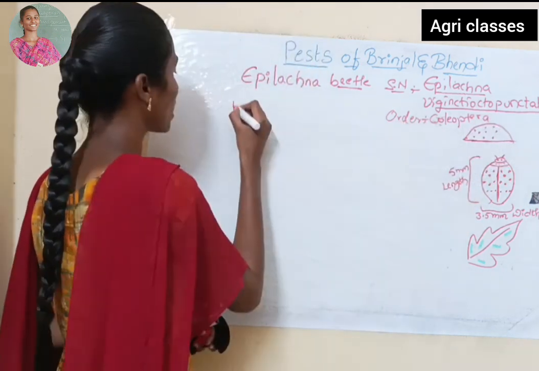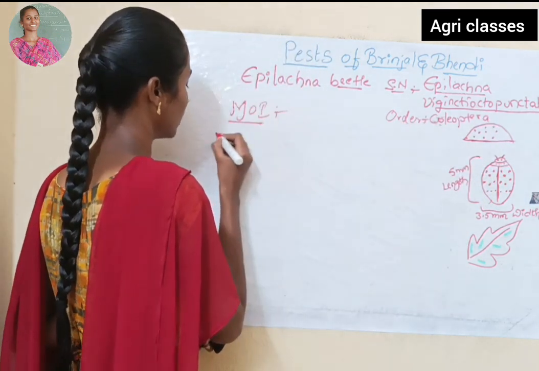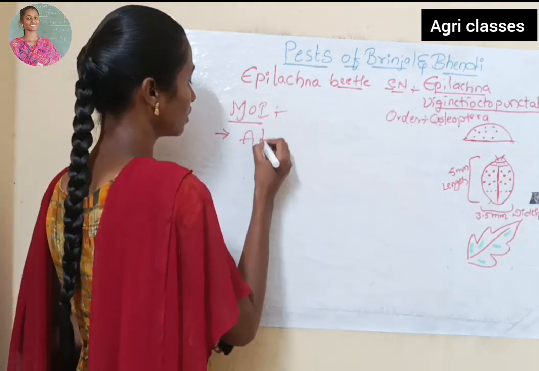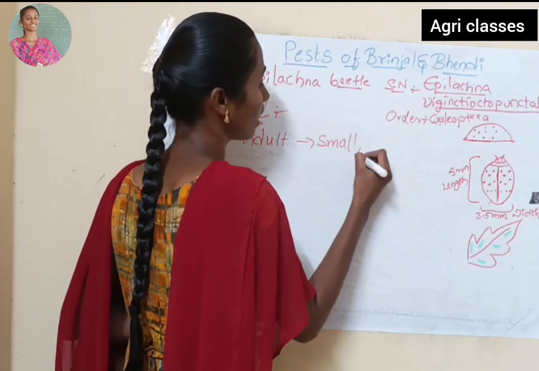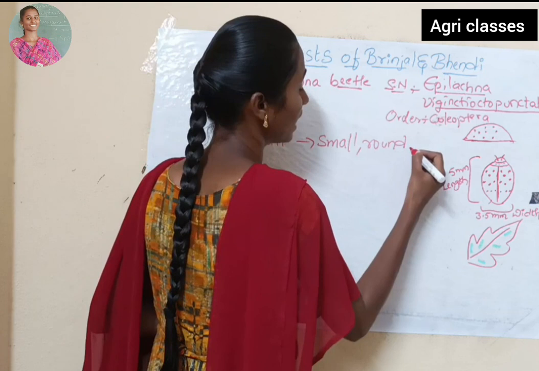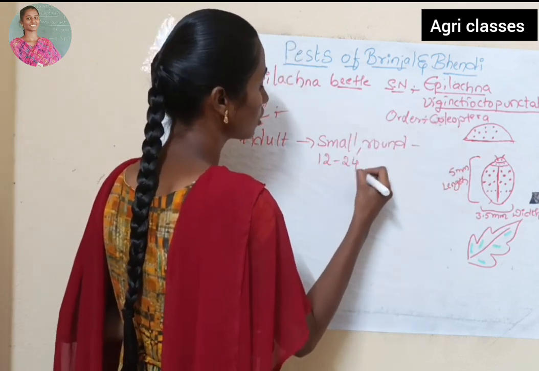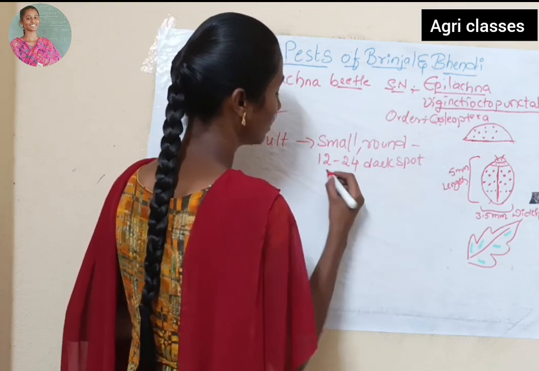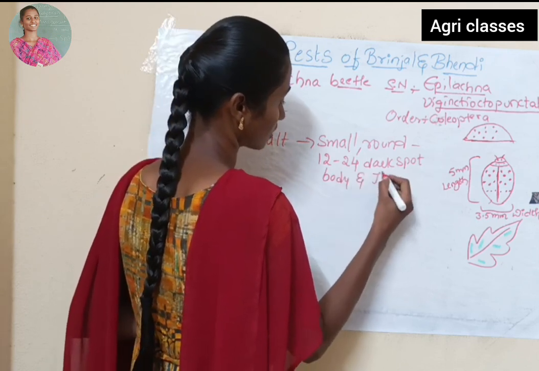So next, marks of identification. How we will identify the pest in the field. So first of all, we will discuss about adult. Here, adults are small in size and they are round in shape and having 12 to 24 dark black color spots on the body, on abdomen and thorax.